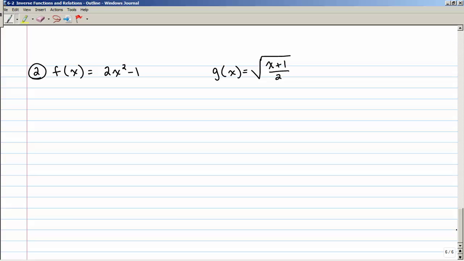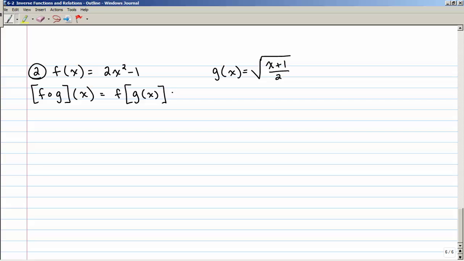Let's take a look at our last example here. Excuse me. f of x is 2x squared minus 1, and g of x is the square root of (x plus 1) over 2. Let's start with f of g of x. And this is going to get a little sloppy.